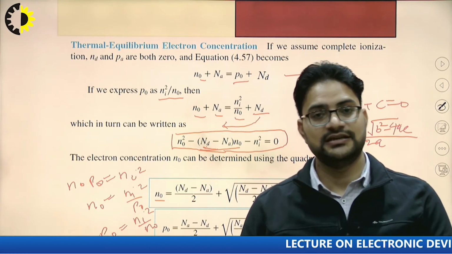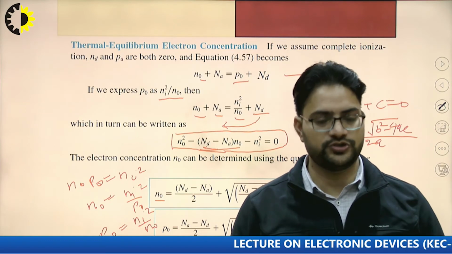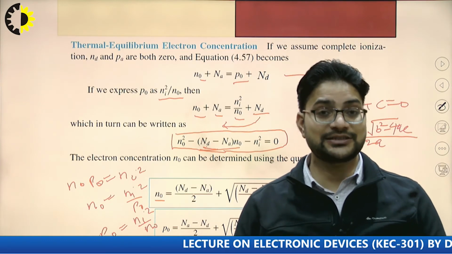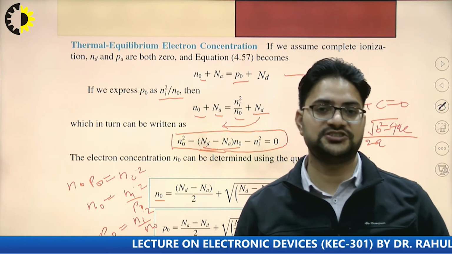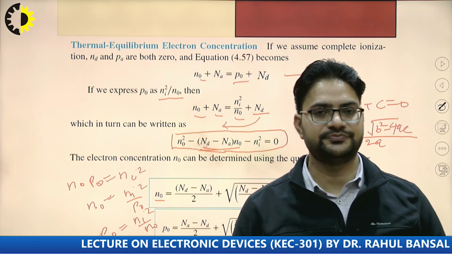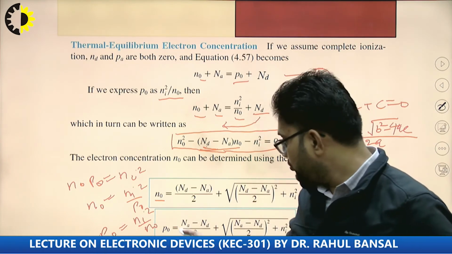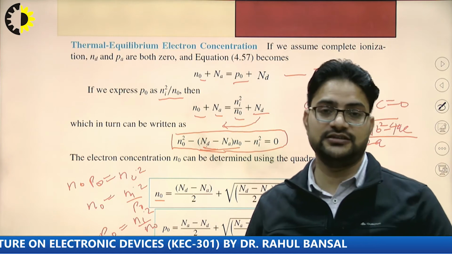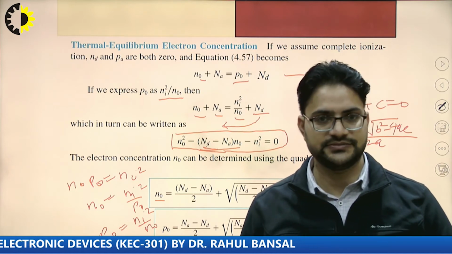So this is the mathematical expression that we have got for the electron concentration and the hole concentration at the equilibrium state, right? So you must note these two equations. These are very crucial for your examination purpose.